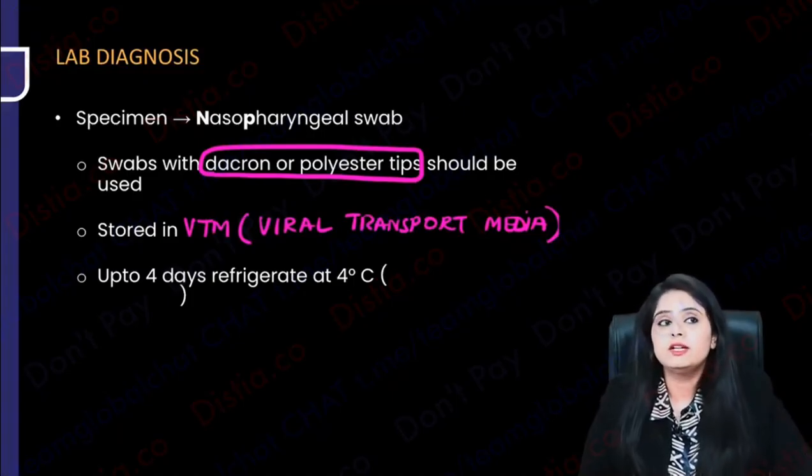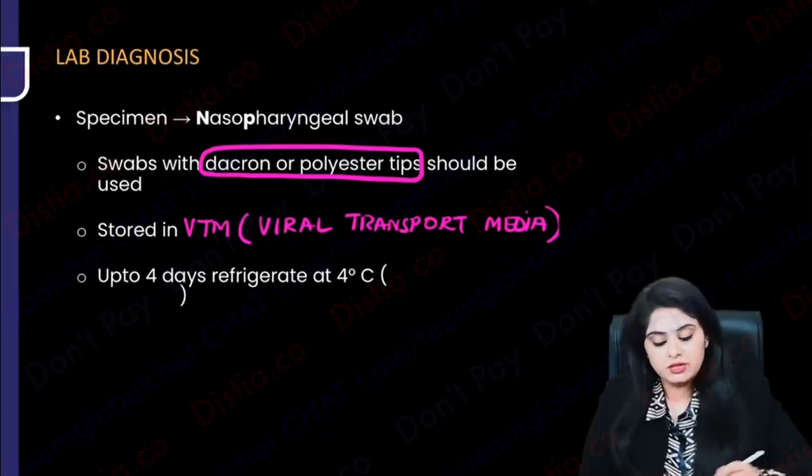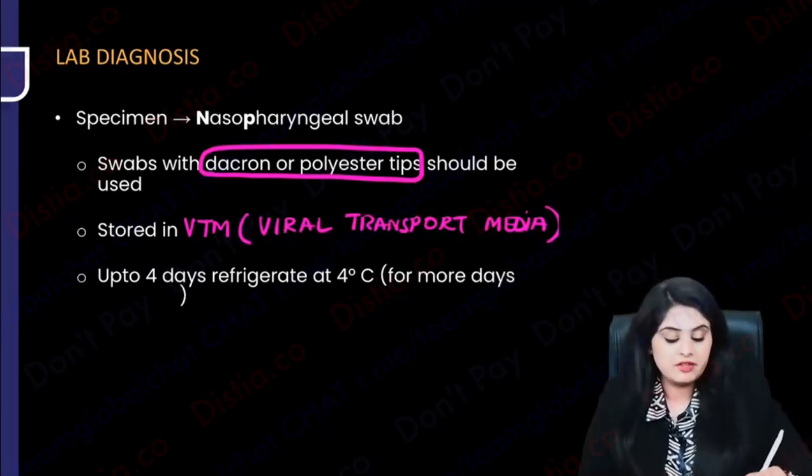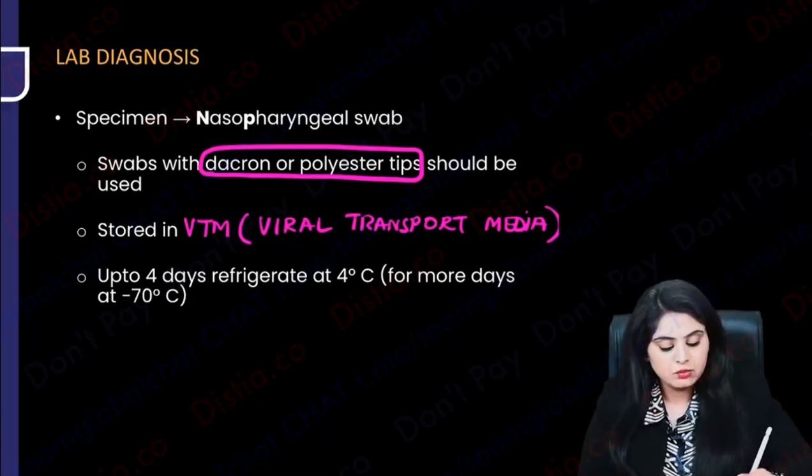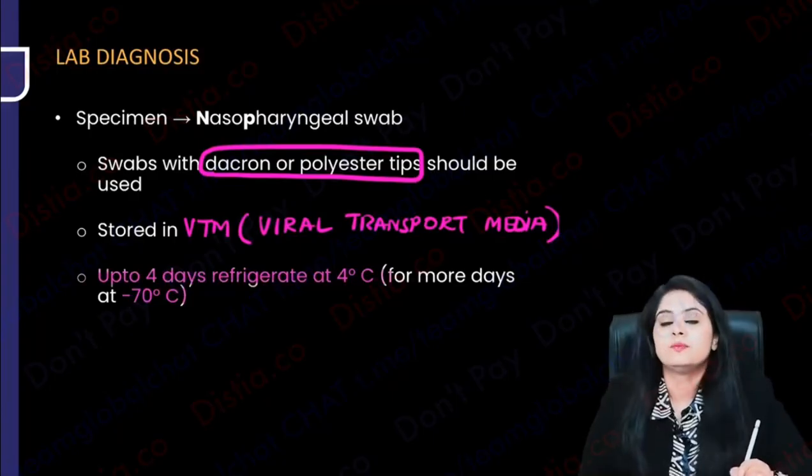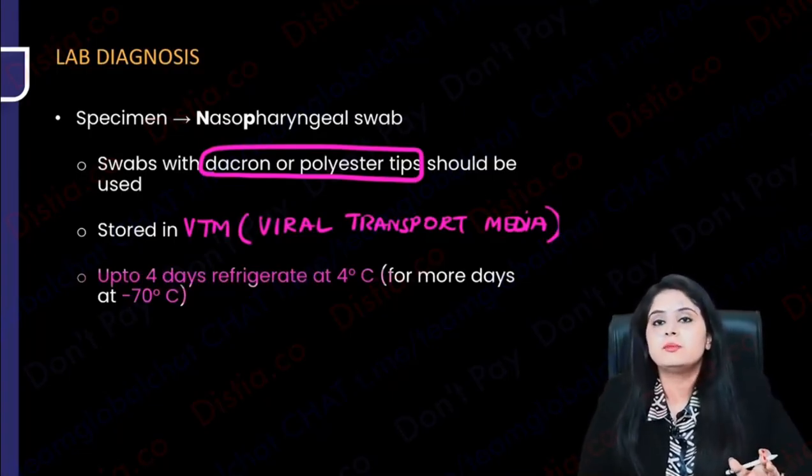But even if you feel that the sample will reach the destination after 10 days, after 4 days basically, if it is going somewhere, then you will have to store it at -70. So please remember, that is the same protocol that is followed for COVID samples also. COVID samples also, 3-4 days, it is 4 degrees centigrade, keep in the refrigerator. Beyond that, you have to put it at -70, -80 and store it.